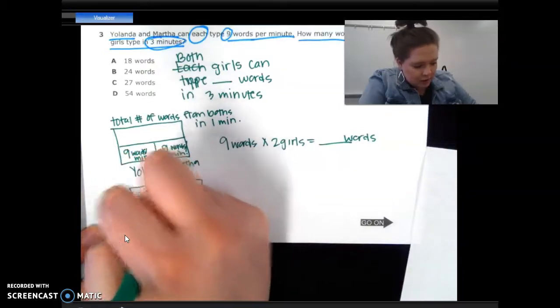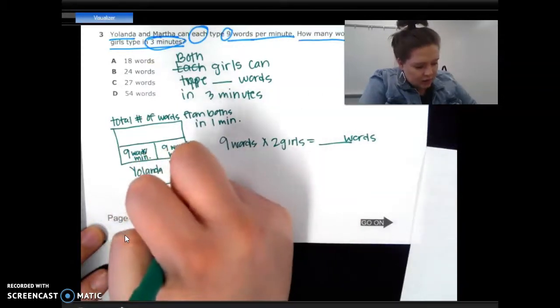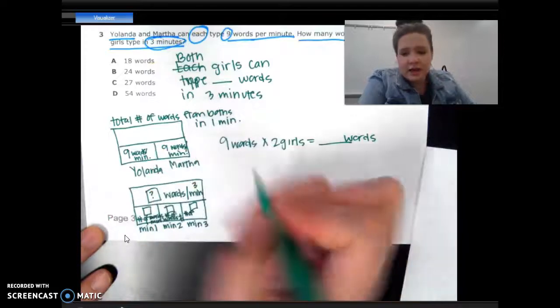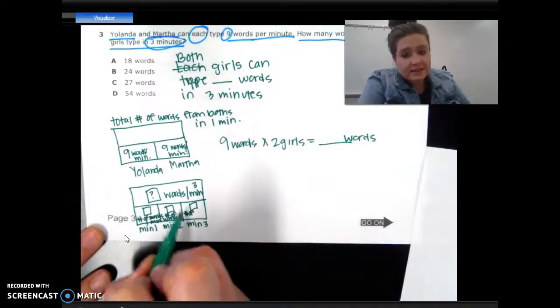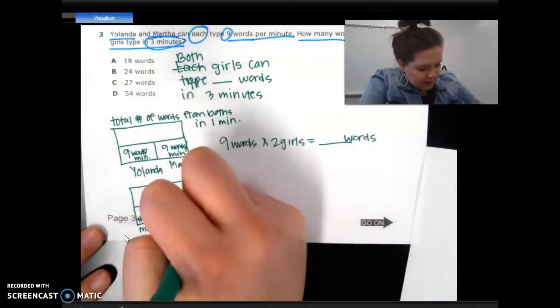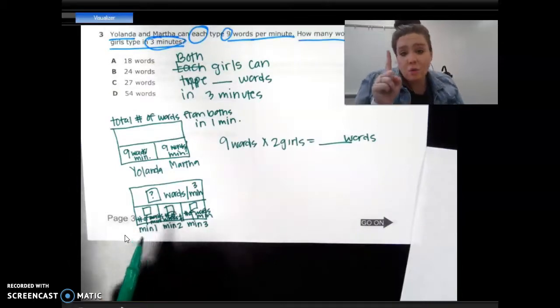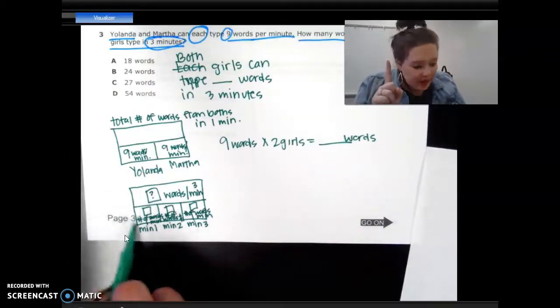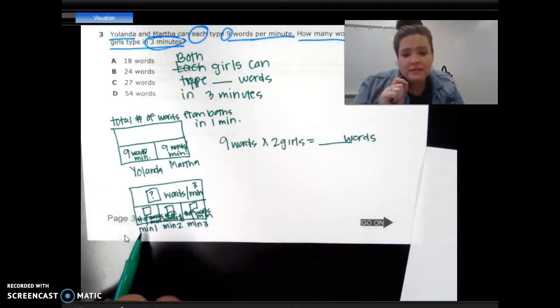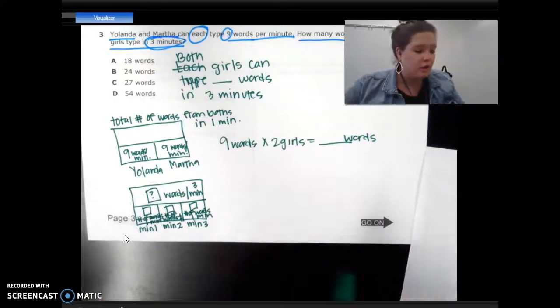Sorry, I'm sorry, this is the number of words in 1 minute, this is the number of words in 1 minute, and this is the number of words in 1 minute, okay? So each of these boxes represents the number of words in 1 minute, and then the big box, the group, represents the number of words that the question is wanting you to figure out, okay?